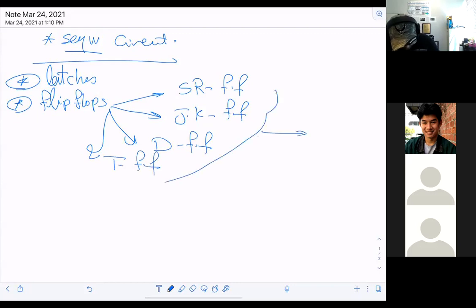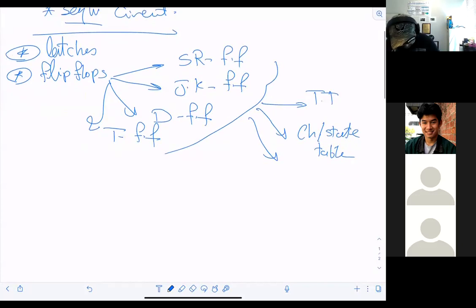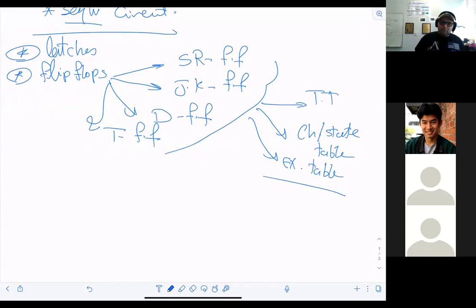That family will be represented by 3 tables: the truth table, the characteristic or state table, and then the excitation table. So far so good?